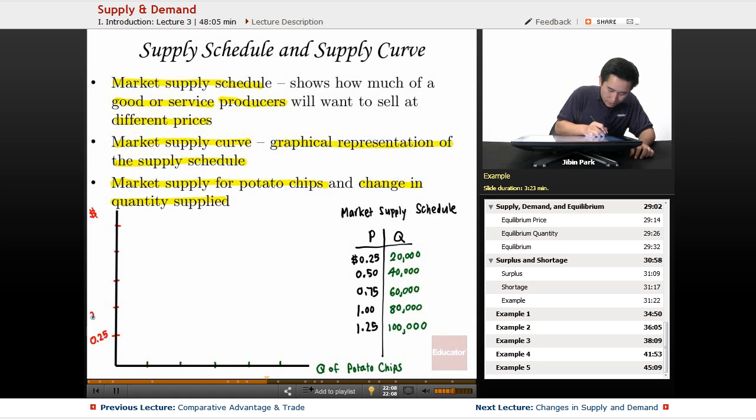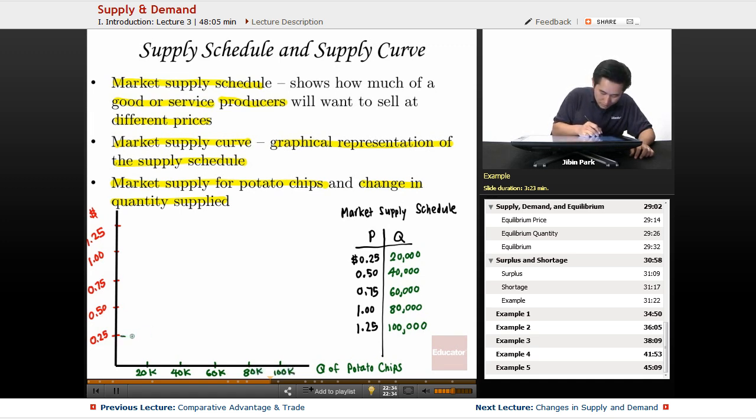So 25 cents, and you have 50 cents, 75 cents, $1, and then $1.25 here. So at 25 cents, I did not label the x-axis right here. So this is 20K, 40K, 60K, 80K, and 100,000 here.